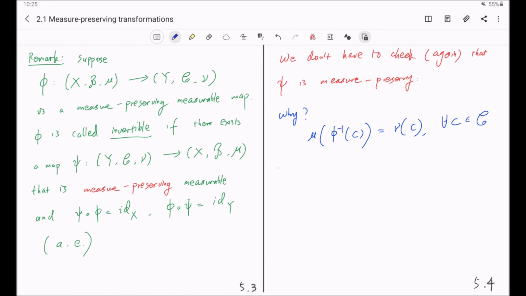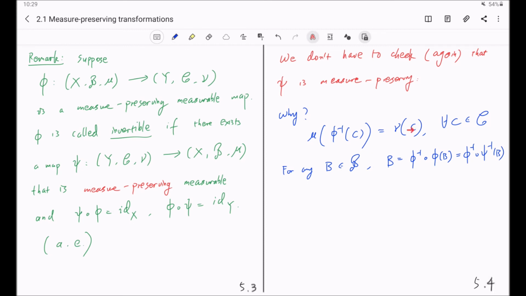But now, for any B in the sigma algebra B, B can be written as phi inverse composed with phi applied to B. You know that phi is just psi inverse.